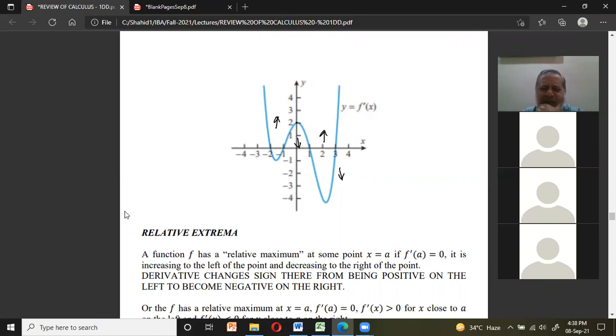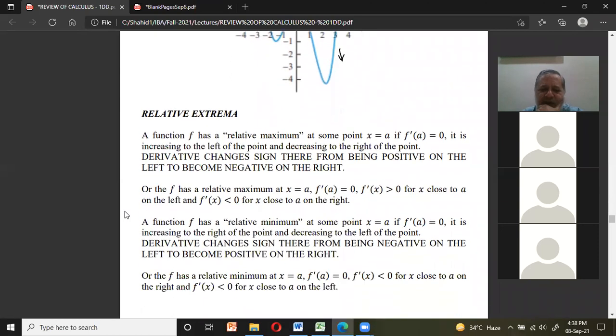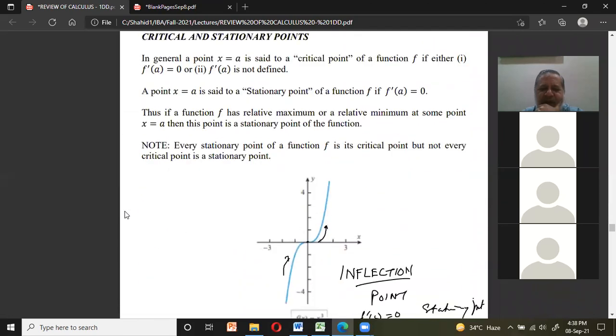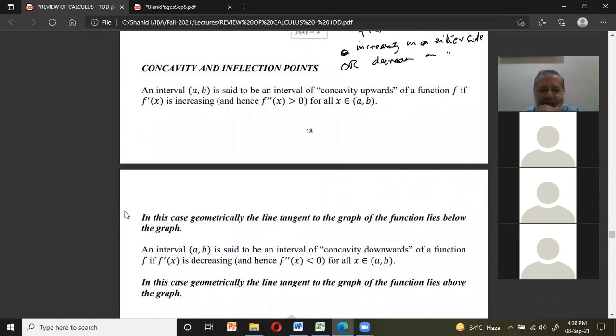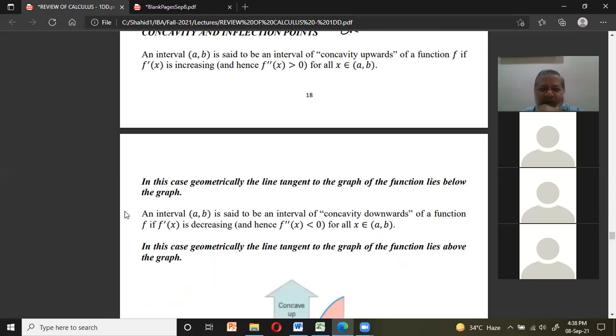We have maximum, minimum. Do we have inflection points here? So we need to look more closely at what a stationary inflection point is. Concavity and inflection points: concavity upward or concavity down.